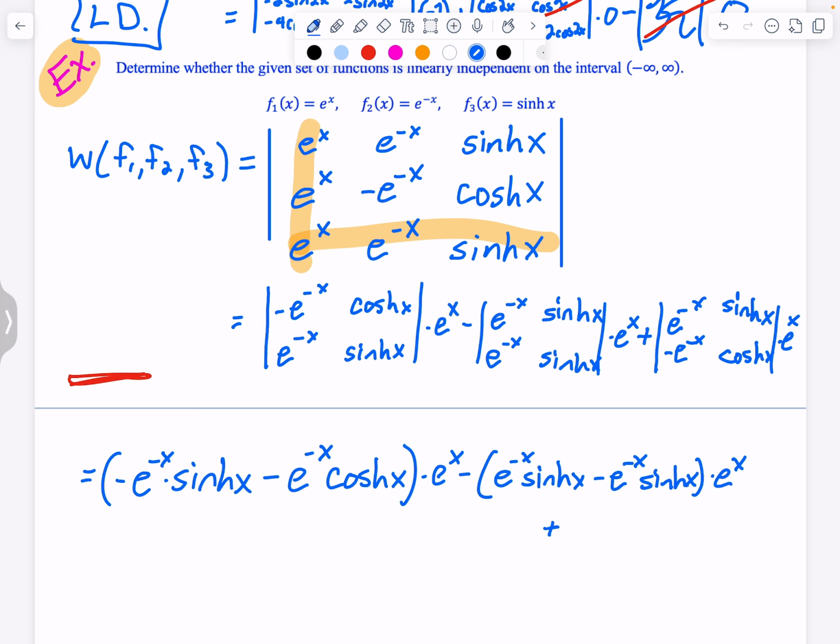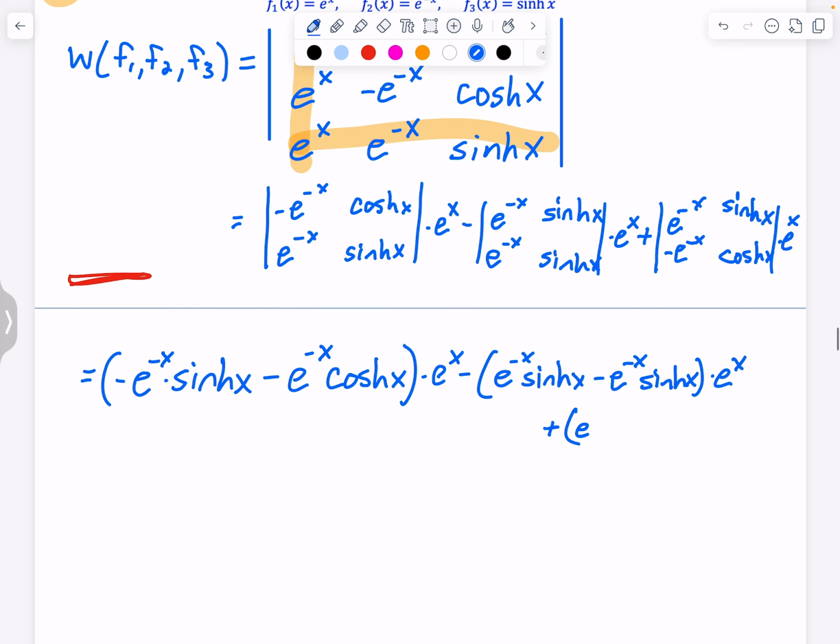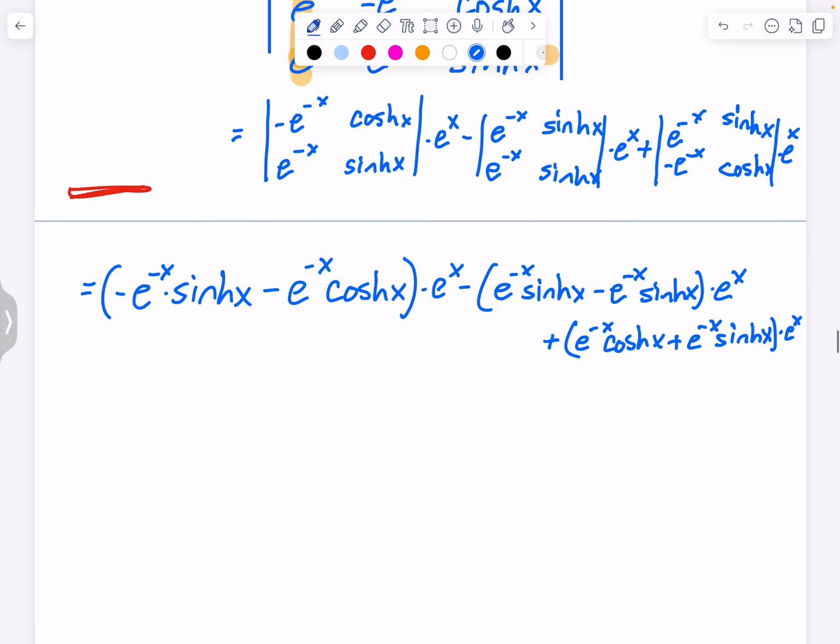And then our last one, I got to go down. E to the negative x cosh, and then this is going to be a plus e to the negative x sinh times e to the x. Okay, so not a lot of things are going to go away. Let's see what's going to happen here. I think I might have chosen the worst way to do it, which is awesome.